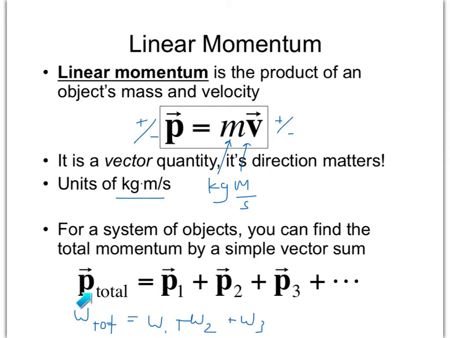So the total momentum for a system of objects, that is ignoring the rest of the world, if you're just looking at the system of objects right here, the total momentum is going to be the sum of the momentum of object 1 plus momentum of object 2 plus momentum of object 3, and so forth. You simply add them all up, and that'll give you the total momentum. And what we're going to find later on is that total momentum doesn't change at all. It's going to be constant.